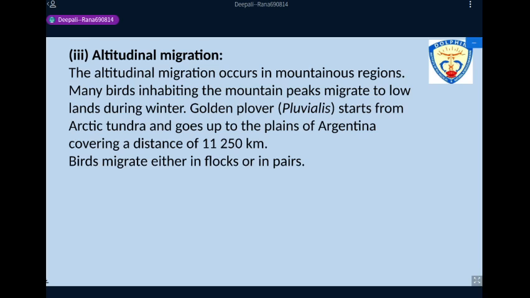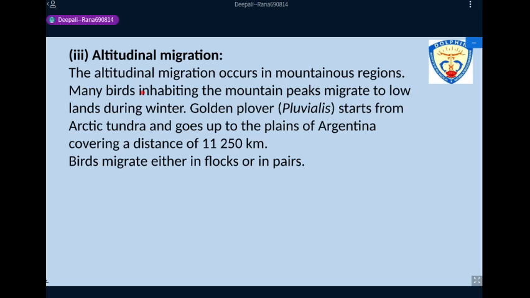Yes, Jam, you are right. The reason is during the winters, what is going to happen? The peaks of the mountains will be covered by snow, and the conditions will be very harsh for the birds living on the peaks. Due to the ice cover, the snow, the wind conditions and poor temperature, the birds will not be able to find food, and the nesting places will also be covered by snow.